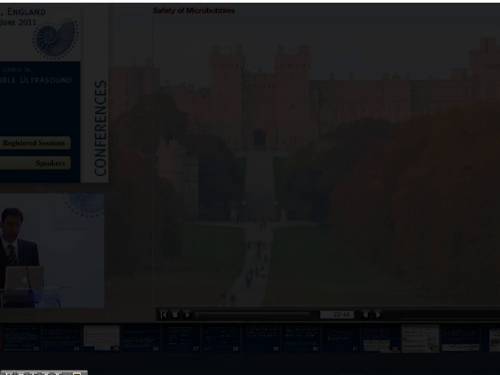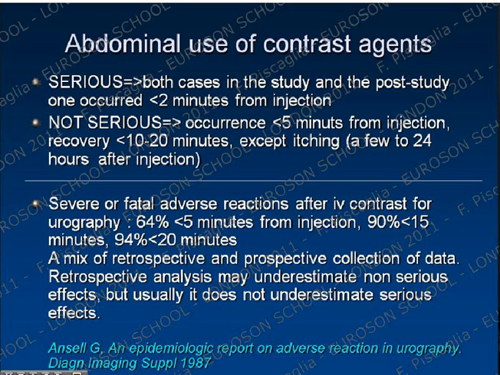So what is important is to know when we have to take care of our patients. Looking at this series, we could see that both cases in the study and the one that also occurred in our center after the completion of this study occurred within 2 minutes from injection.